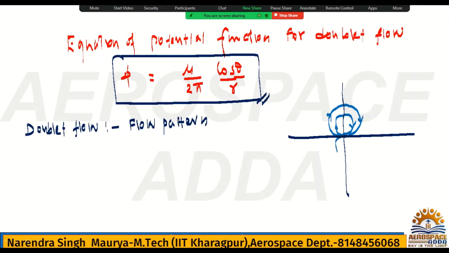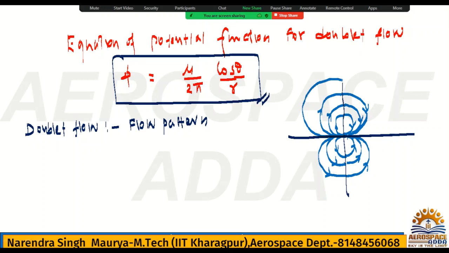Similarly here, if source is originating the flow, the sink will be absorbing the flow. Try to understand it.